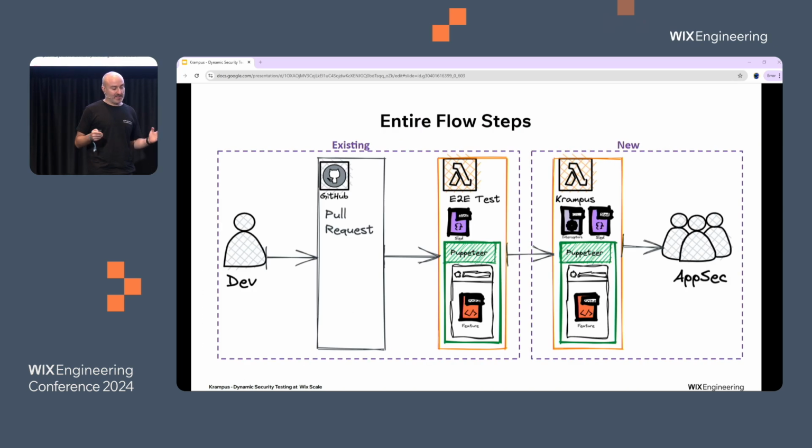So to summarize, developers do their work, they create a PR, and Sled runs. For some tests, Krampus will replay them and inject some payloads into the network request flow of the test.